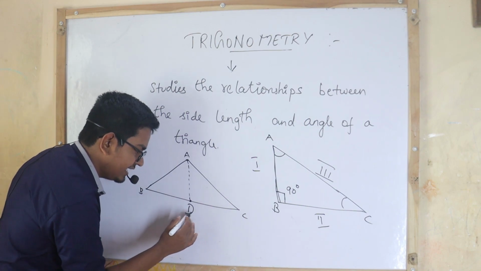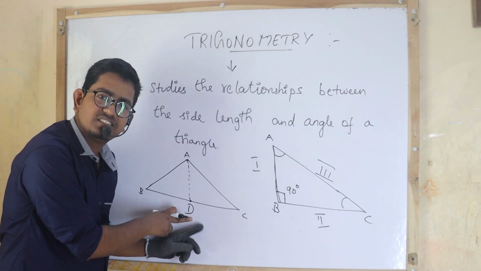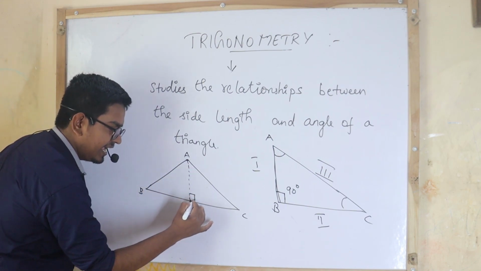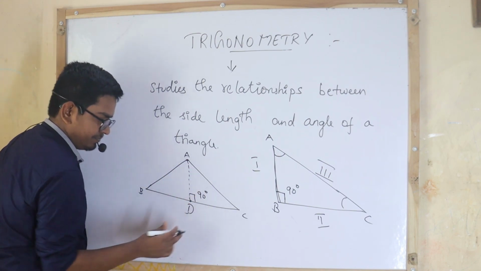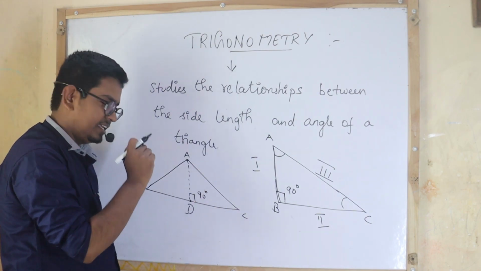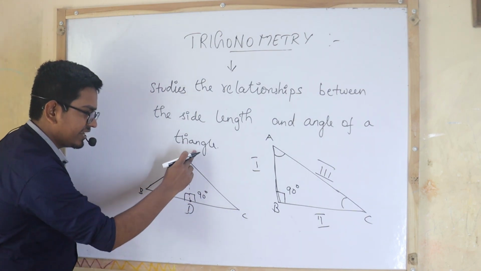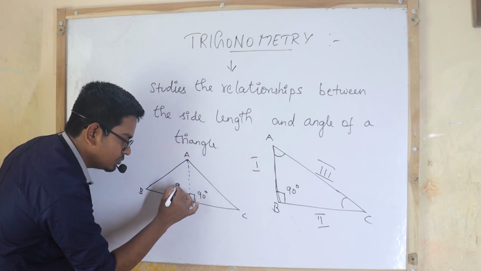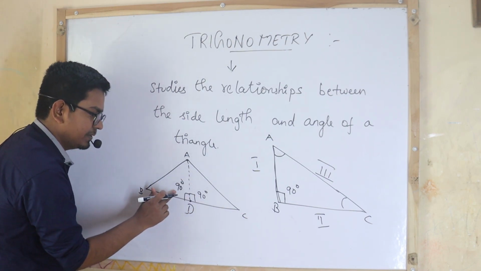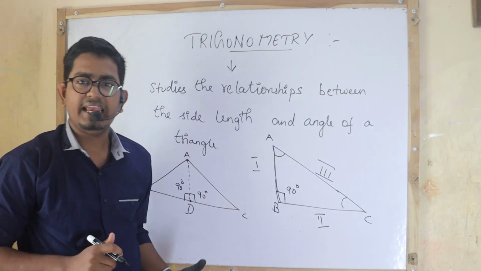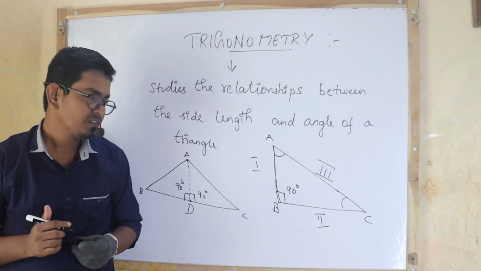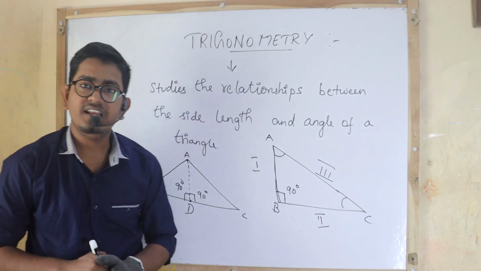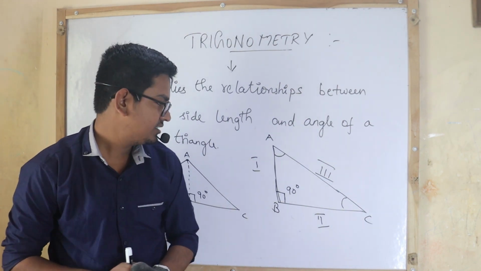I'm just marking this point as D. This line is making an angle of 90 degree with the line BC, and in triangle ADB too, this line is making 90 degree with the line BD. So we use trigonometry in our right angled triangles, right?